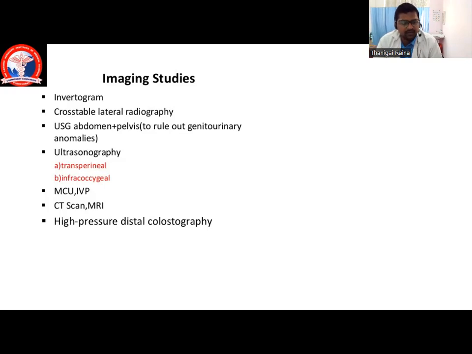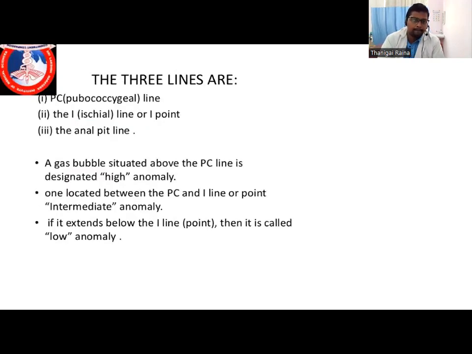So these are the number of investigations, but the most important are invertogram, cross table lateral radiography, ultrasound abdomen, CT scan, and MRI.